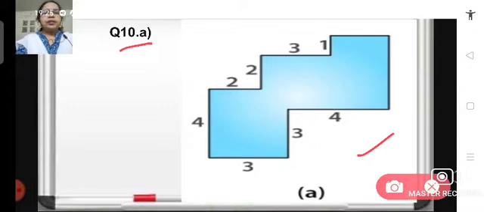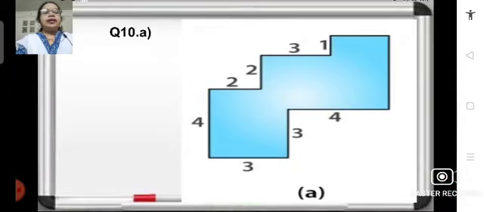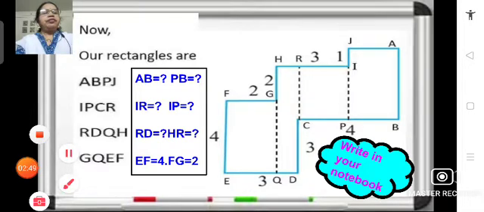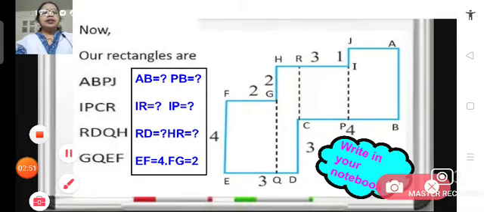This question is simple, just we have to be very careful while finding the sides of the rectangles and then finding the areas and adding them up. Let's see how we do that. So children, we have split the figure into 4 rectangles. Can you see?